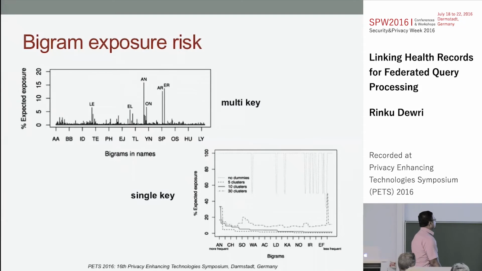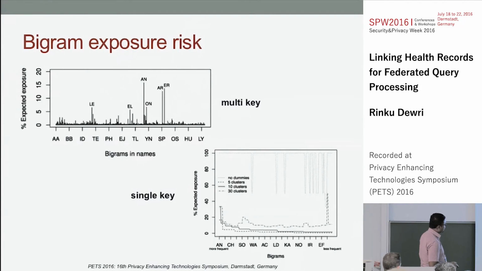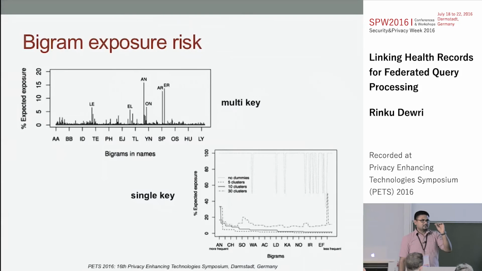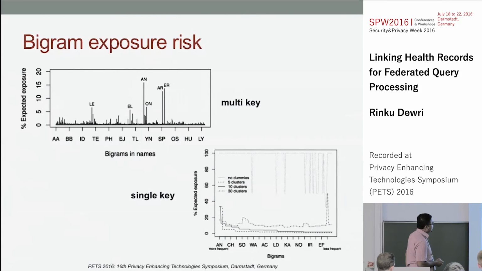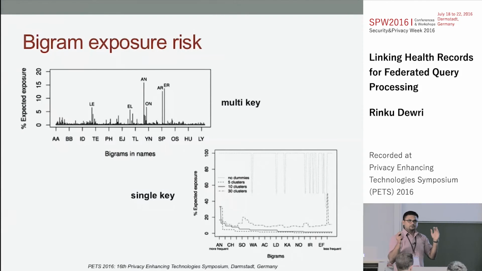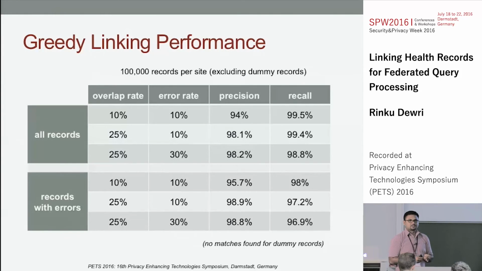So if you look at the exposure risk now, there will always be some bigrams that have higher exposure risk than others. Single key is usually faster, but it has slightly more residual risk than the multi-key approach. But note that knowing one or two bigrams is not sufficient to infer the whole string. You need to know a significant number of them to be able to build a string back.